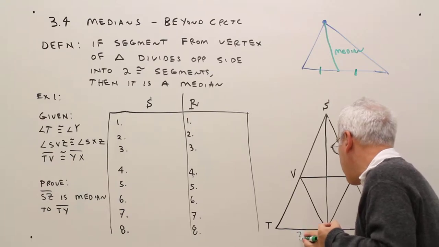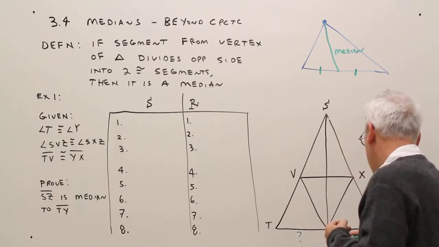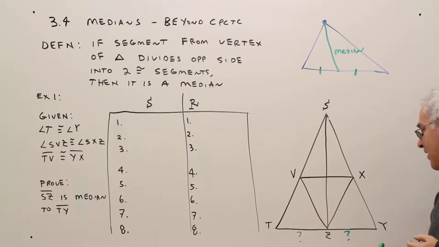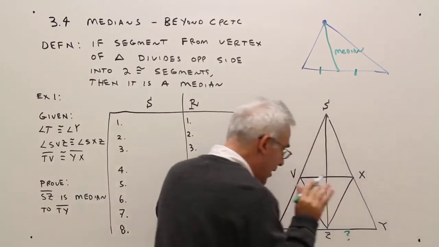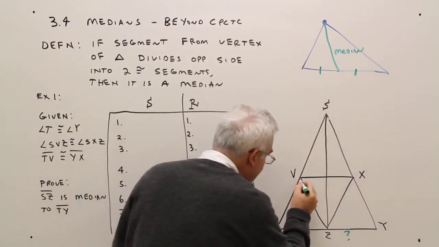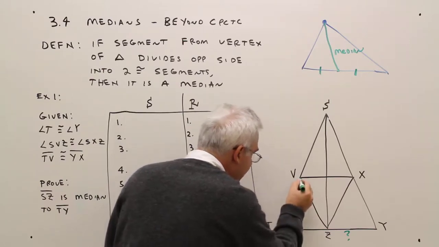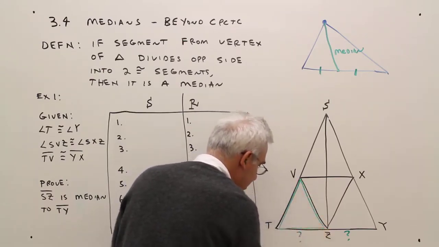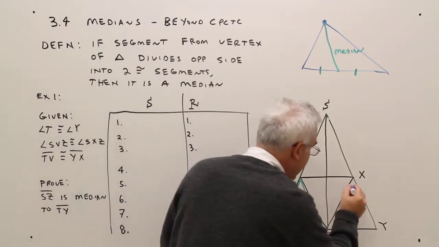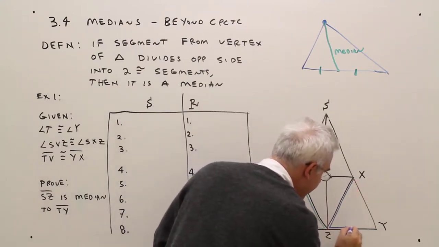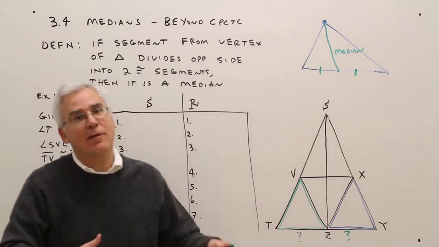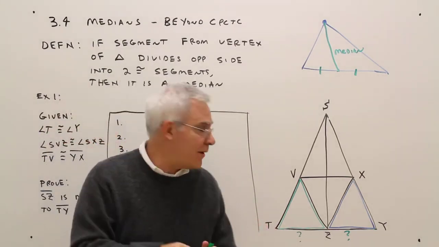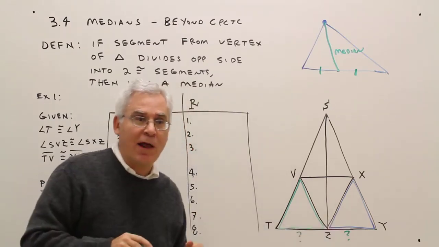So I've got to show that that segment is congruent to that segment. I've really got to get TZ to YZ. Okay, well, maybe, I'll read the rest of it, but maybe I'll be dealing with this triangle here and this triangle over here. If so, then I've got my triangles, I could get them congruent, I could do CPCTC and call it a day. Let's see what happens.